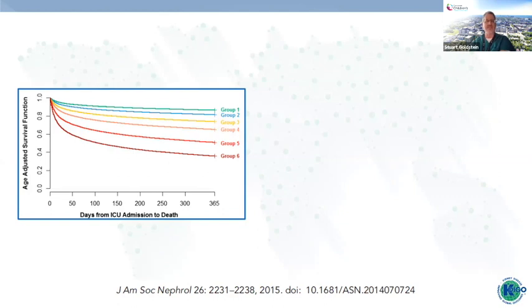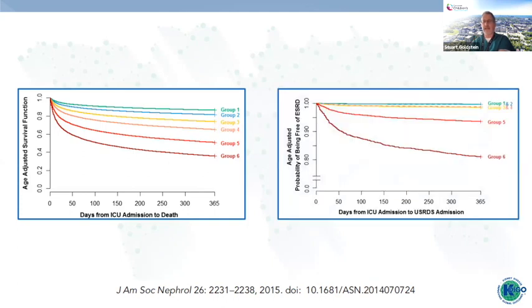And you can see a graded association with the type of AKI, whether one or the other is involved. And again, as the severity of AKI increases, just a beautiful graded association with 1-year mortality. And the same is true for the development of end-stage kidney disease.